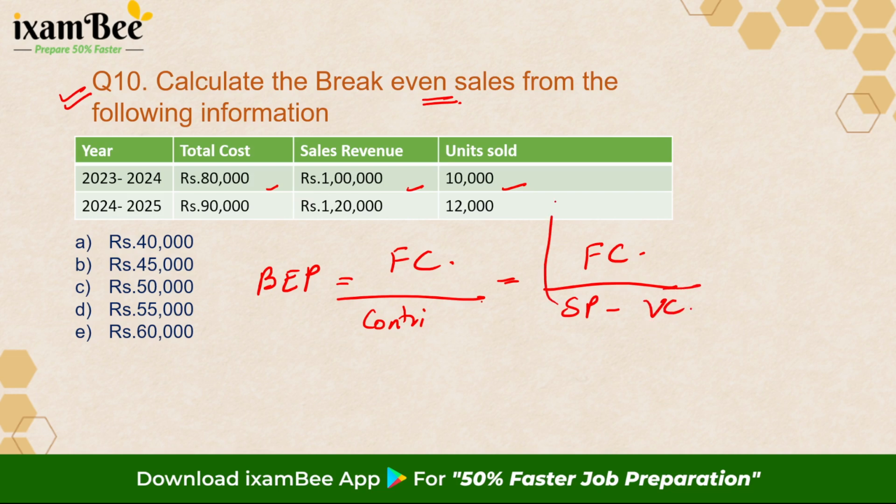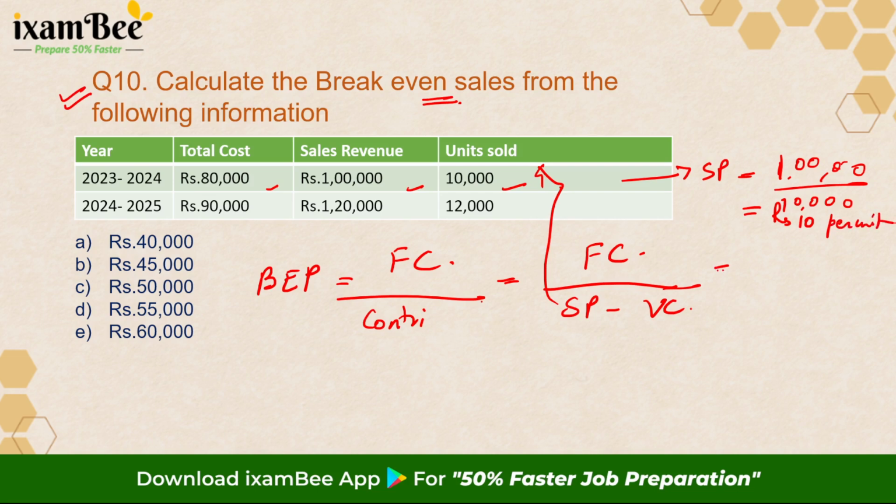Now sales price, we know that sales are 1 lakh for 10,000 units. That means my sales price is 1 lakh divided by 10,000, which is giving me rupees 10 per unit. So that is my sales price. I already know my fixed cost, divided by 10 minus variable cost.